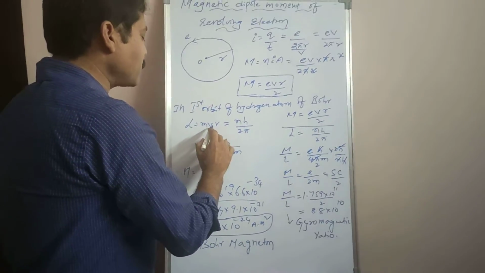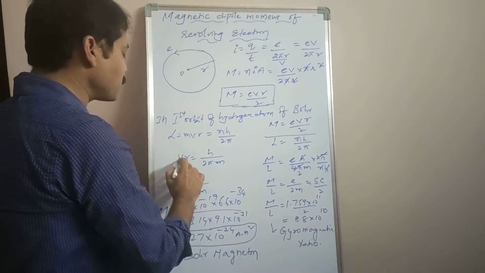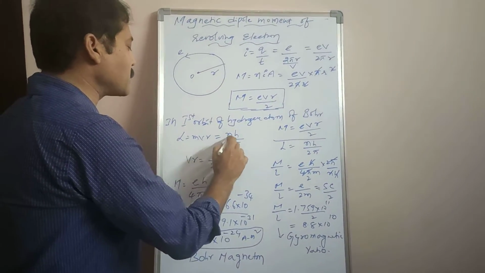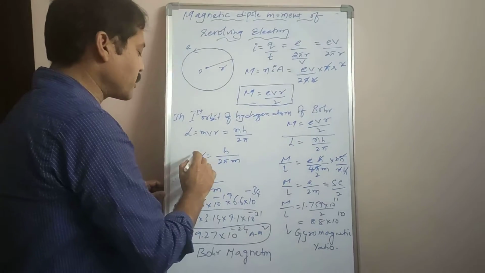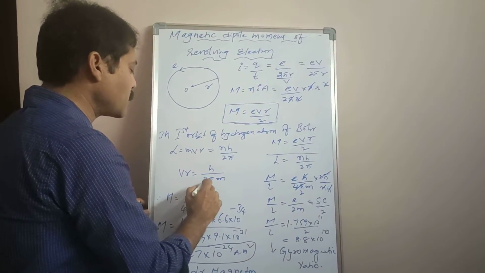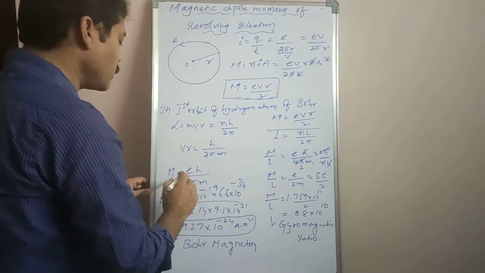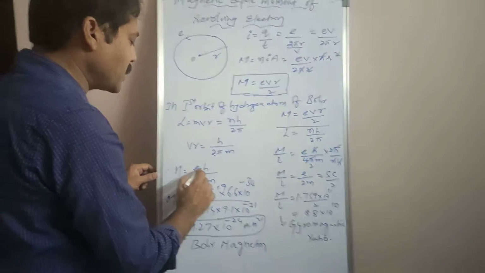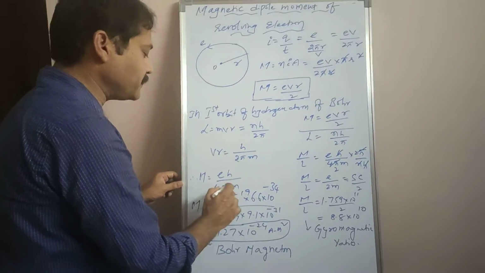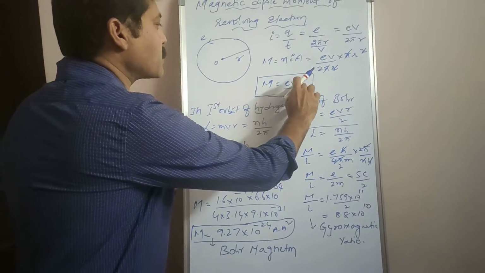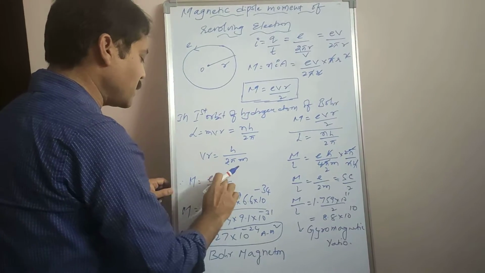From that we take vr is equal to nh by 2 pi m, where n stands for the first orbit. Therefore vr is equal to h by 2 pi m. Now substituting this vr in the above equation, we get M is equal to eh by 4 pi m.